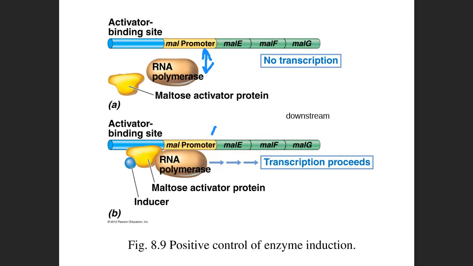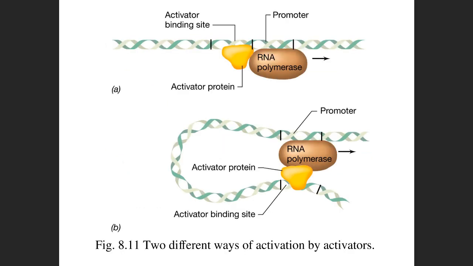Because you don't want your activator to bind here. Now, if it binds there, then it physically blocks the transcription. That wouldn't work, right? So this is called the activation. And so the activator can be directly upstream, but there are activators that can be far, far further upstream of the promoter.